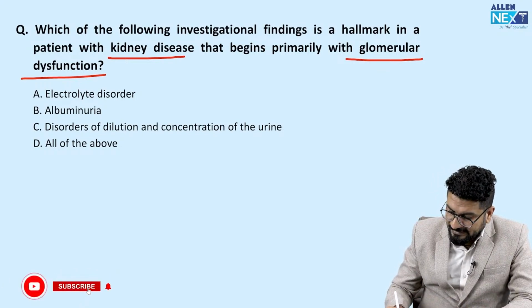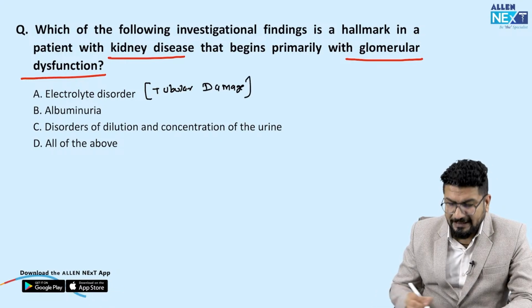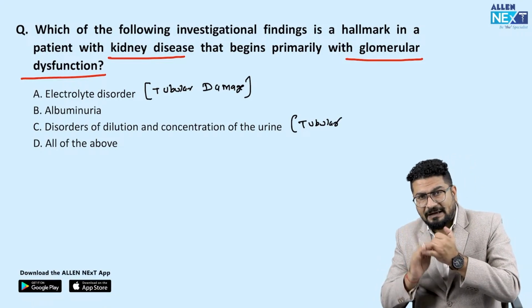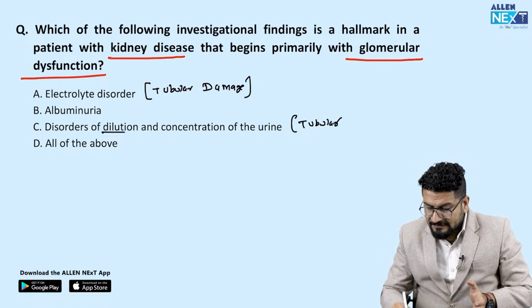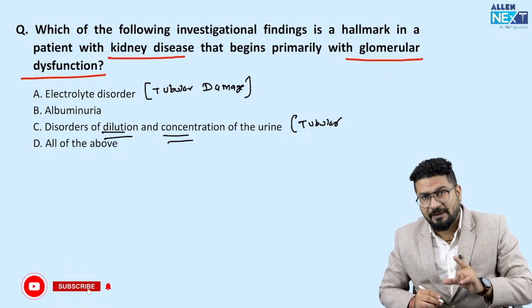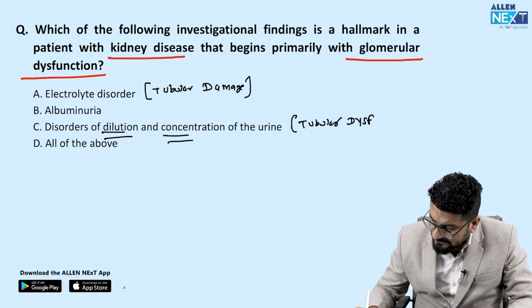Now, electrolyte disorder or disorder of dilution and concentration of urine is a function of tubular damage. Electrolyte balance, dilution and concentration are the job of the tubules, so these will be affected when tubules are damaged.